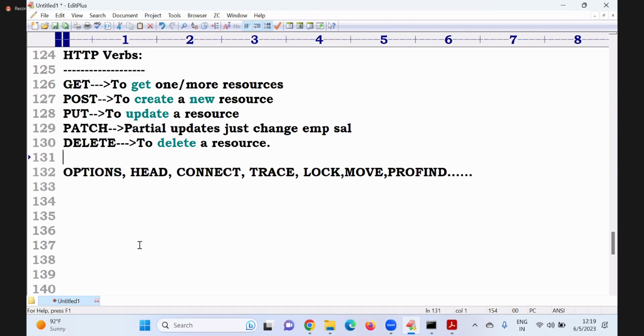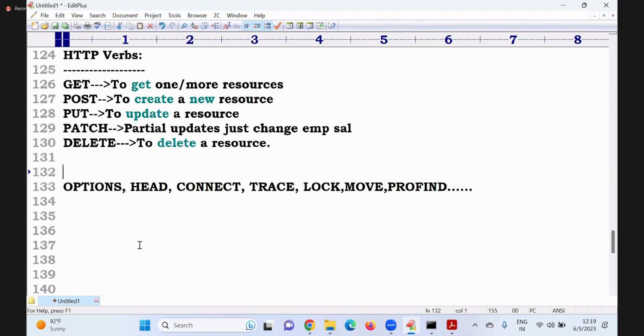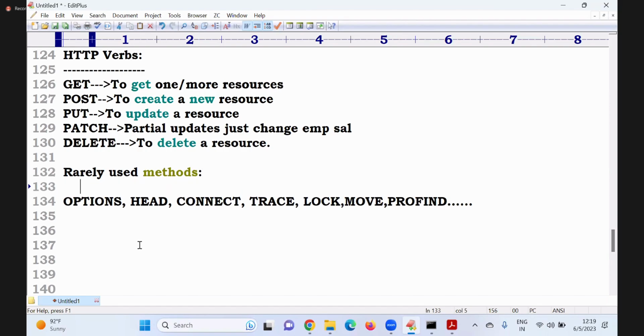So many are there, but we rarely use them. But those 1, 2, 3, 4, 5 are compulsory. Yes, these are HTTP verbs, HTTP terminology.